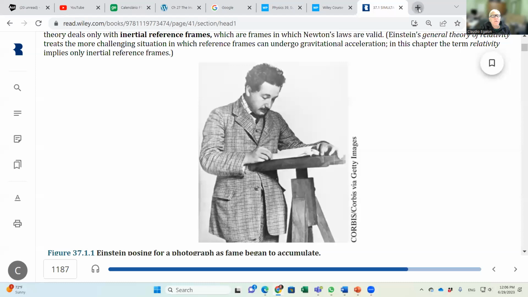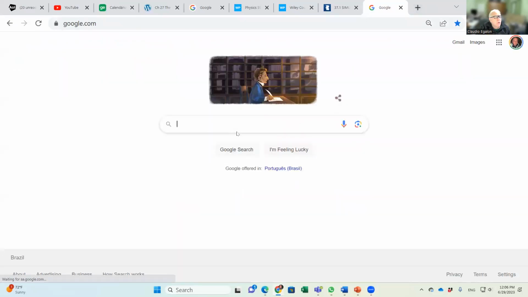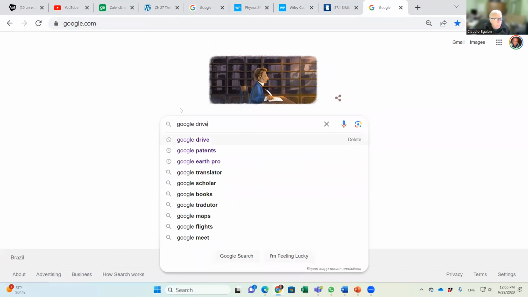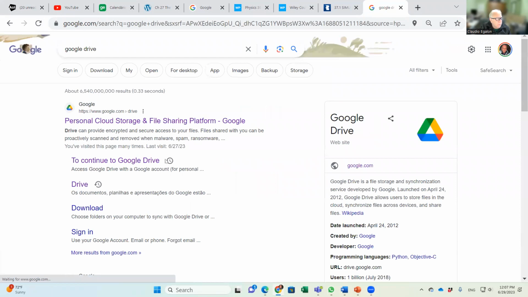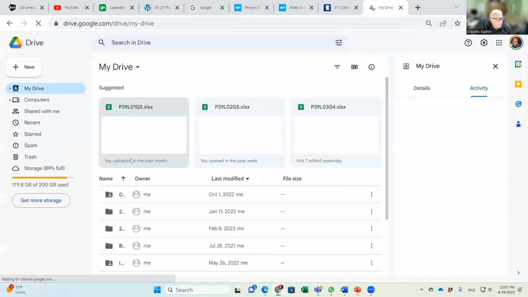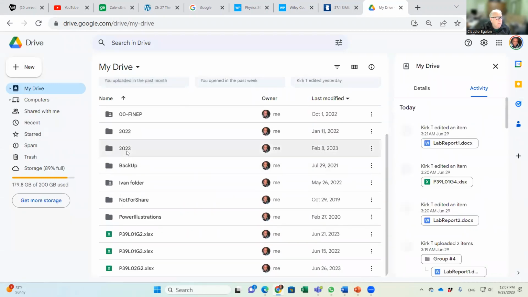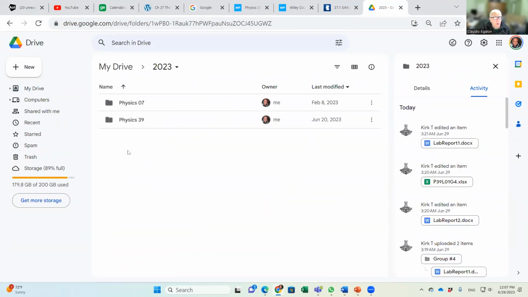Let's go to the Google folder, and to your group folder. You prepare the spreadsheet, prepare the Word document, and then you just upload it there.